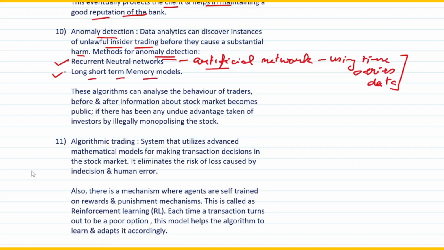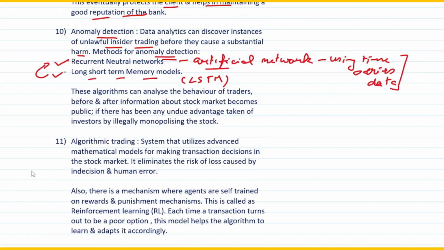Long short-term memory models, you can remember this as LSTM, right? This LSTM is a kind of recurrent neural network. That's it. You don't have to go into the nitty-gritties of it. Just remember, if you talk about anomaly detection, whenever data analytics is used to discover instances of unlawful insider trading, this comes very handy.